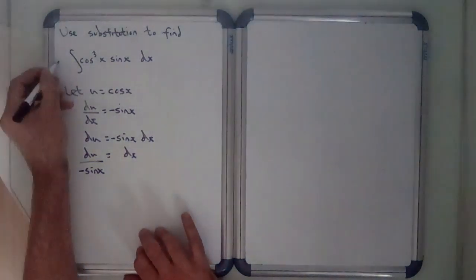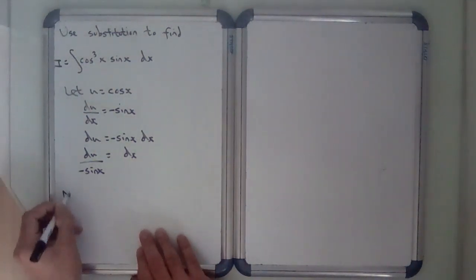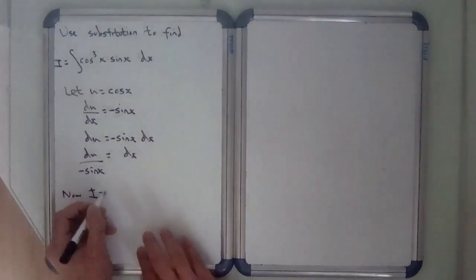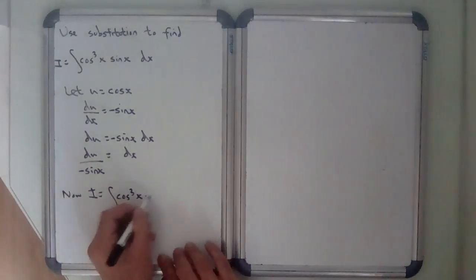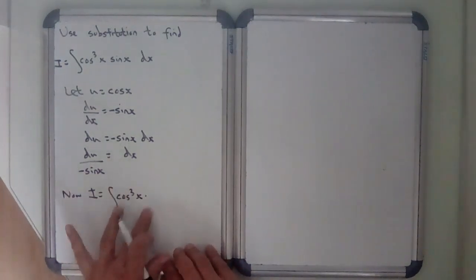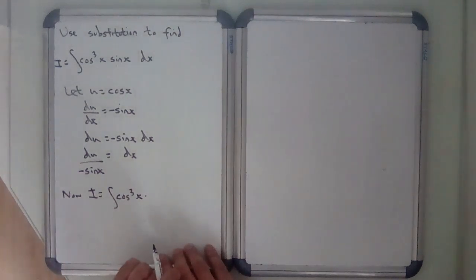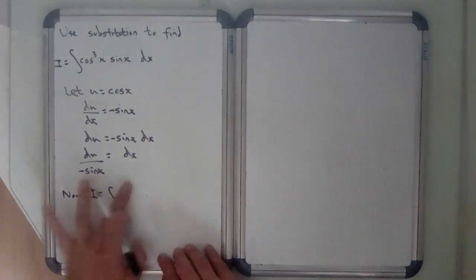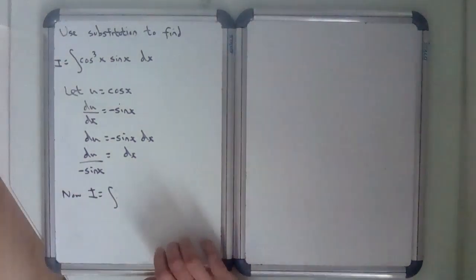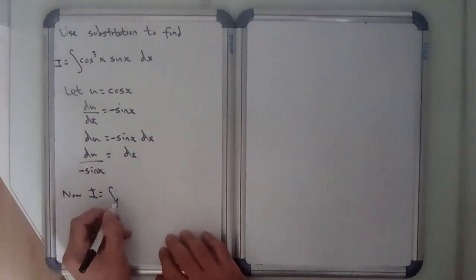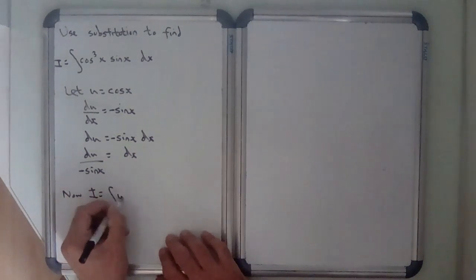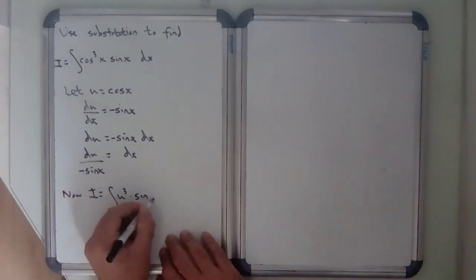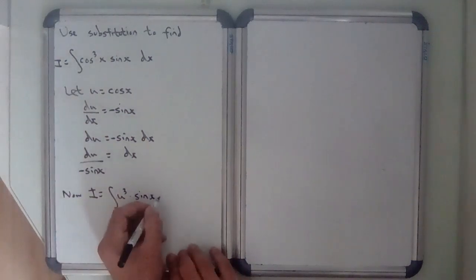So then we're going to rewrite the integral, if this was the original integral I. So now I equals the integral of, well, it was cos cubed x, so that was u cubed, times sine x, and dx becomes du by minus sine x.